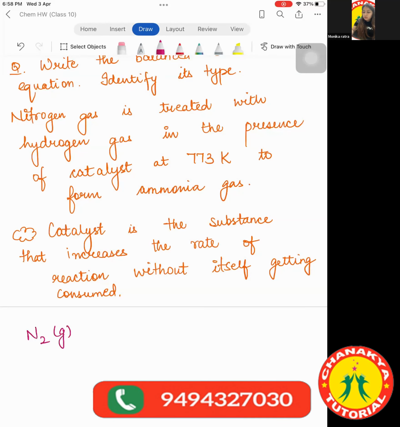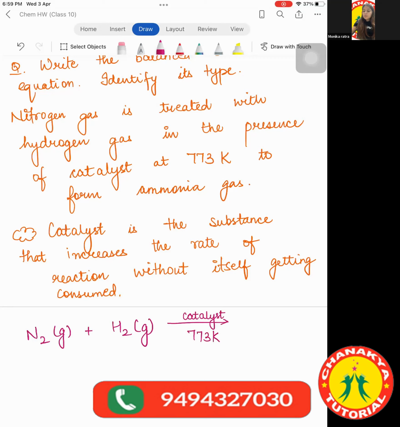Then it is treated with hydrogen gas. Hydrogen is H2. Then on the arrow, you mention the word catalyst, and also 773 Kelvin, the temperature condition mentioned in the question.